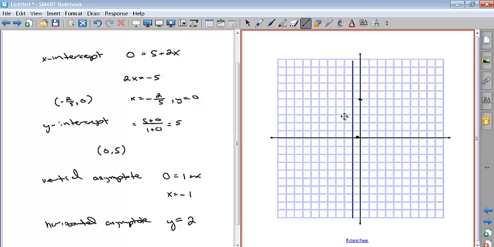And we have a horizontal asymptote of 2, which we'll just draw out here. So I'm just thinking about how this thing might look. So let's go back and make sure I didn't make any mistakes, because it doesn't look quite right.